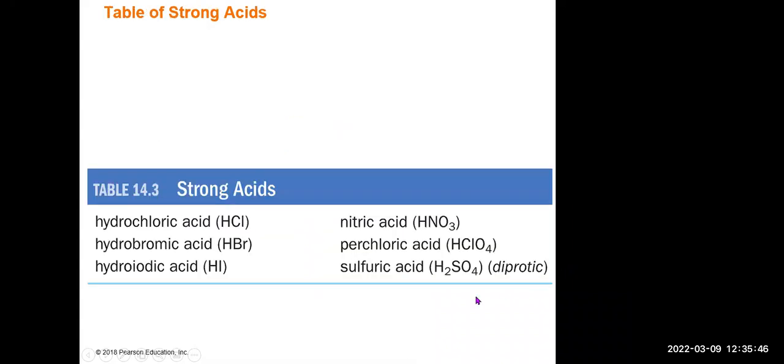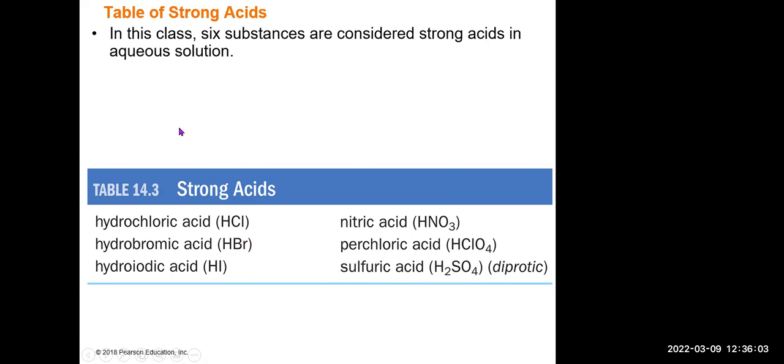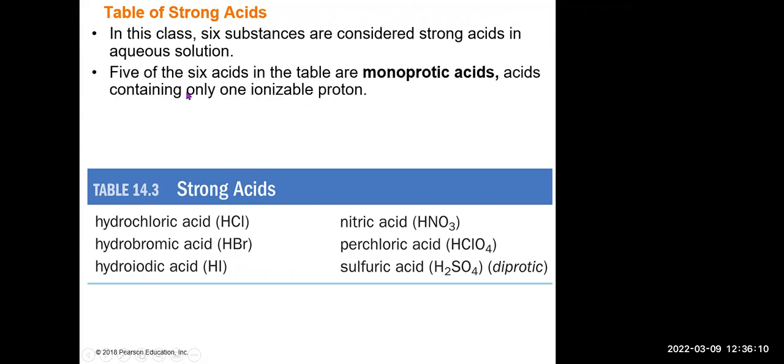So this table gives us some of the common strong acids. HCl we saw before, and also HBr, HI, not HF. Then we have nitric, perchloric, and sulfuric acid. In this class, 6 substances are considered strong acids in aqueous solution. 5 of these 6 acids in the table are monoprotic acids, acids that contain only one ionizable proton.